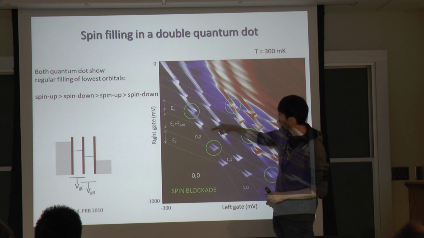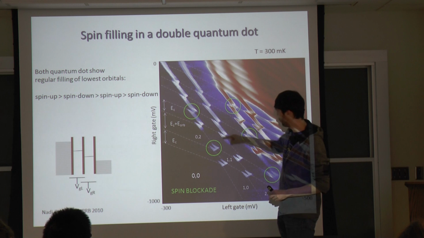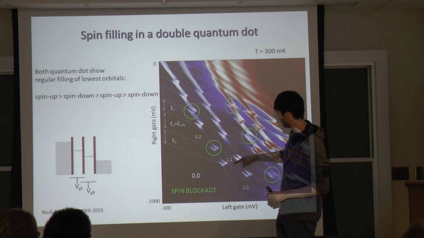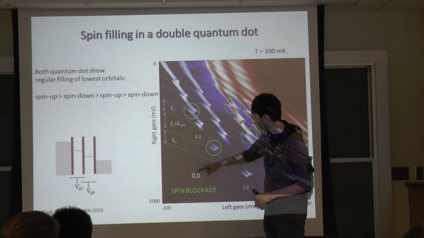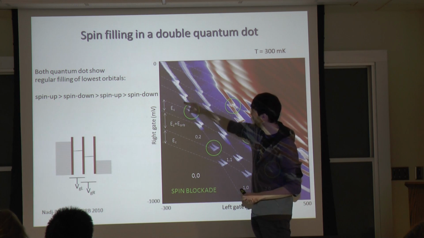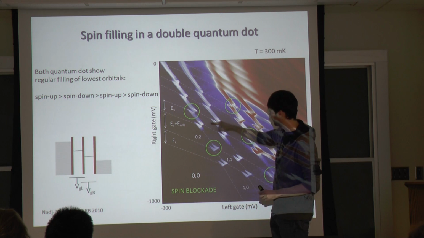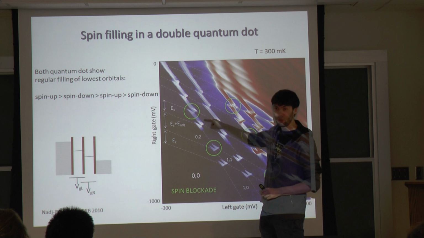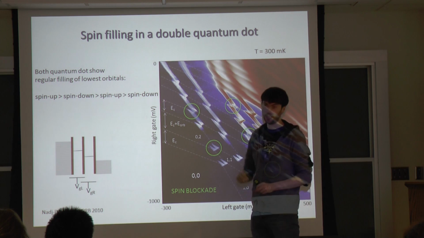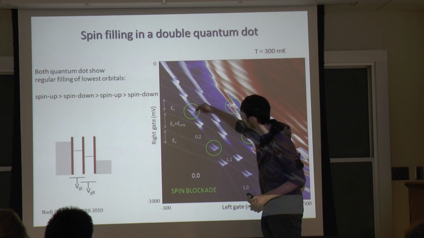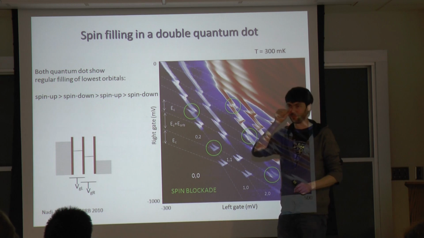But then 2 triangles over, so this will be, let's count together. On this side it will be 0, 0, 0, 1, 0, 2, 0, 3, 0, 4, and on this side it will be 3, 1. So 3, 1 to 0, 4 also has spin blockade. You can see the little edges a little bit brighter.